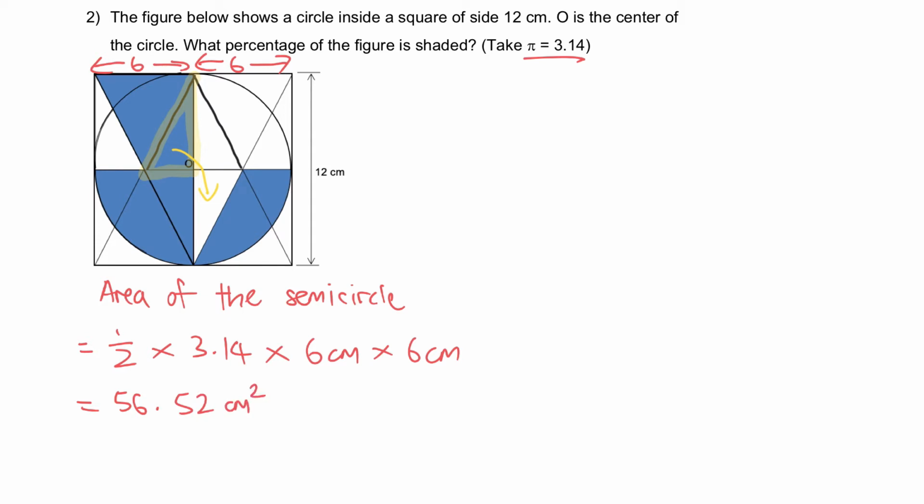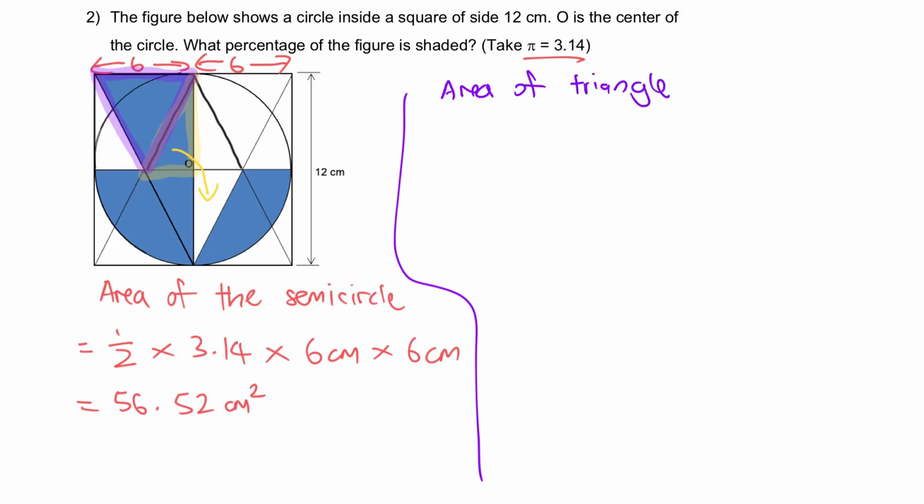Next, we are going to find the area of this triangle over here. This triangle over here. And area of triangle is equal to half times the base, which is 6.